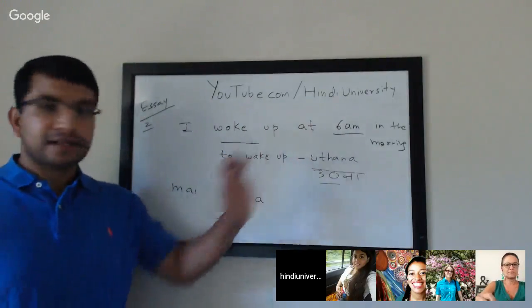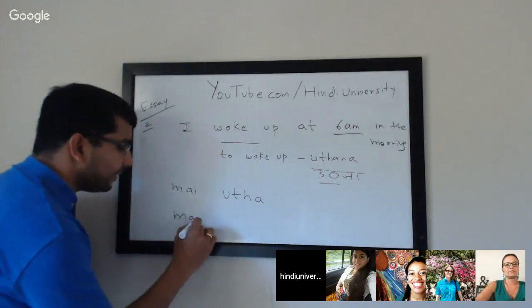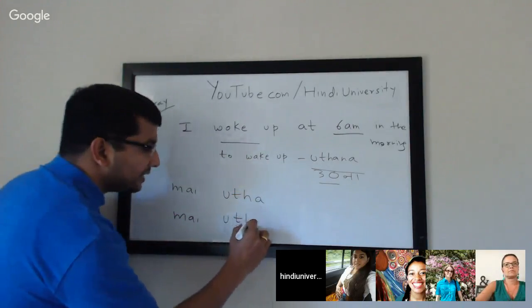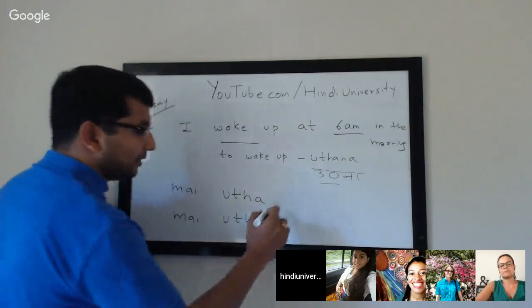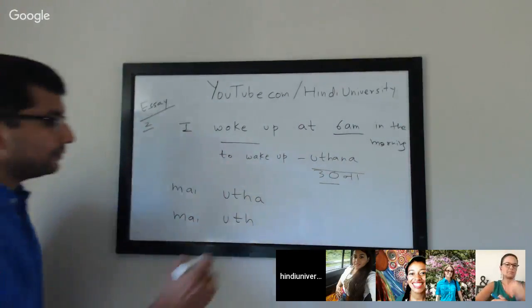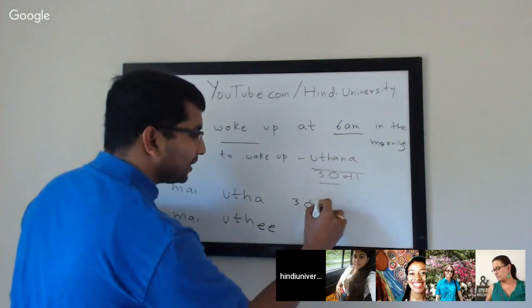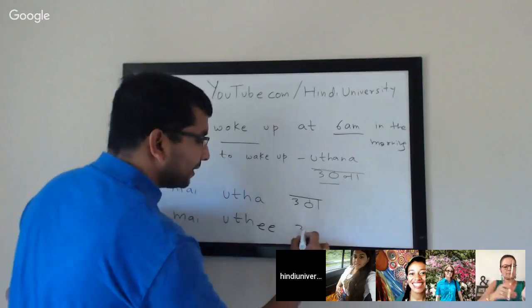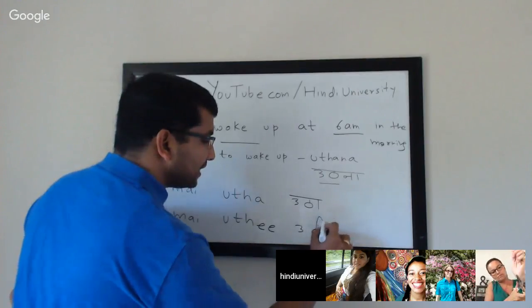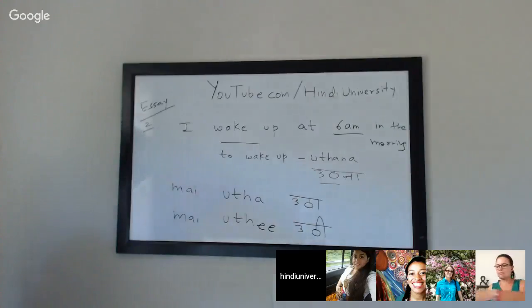Okay, if there is nothing else in the sentence. And in case of Yilan, she will simply say मैं उठी, or uthi. So you will say utha, you're putting "a" at the end, and for Yilan, she's putting "e" at the end. Uthi. Okay. मैं उठा for Jason, and for Yilan, मैं उठी.